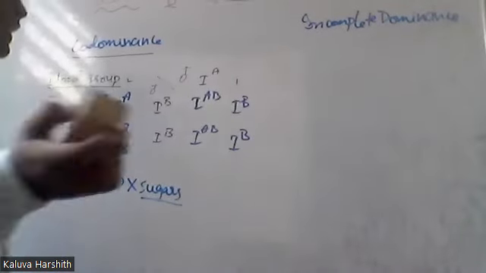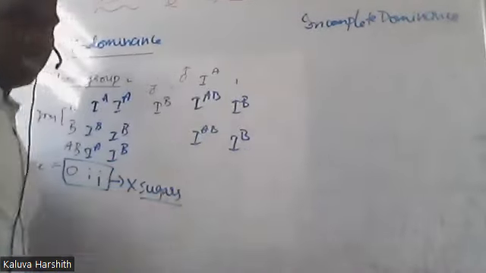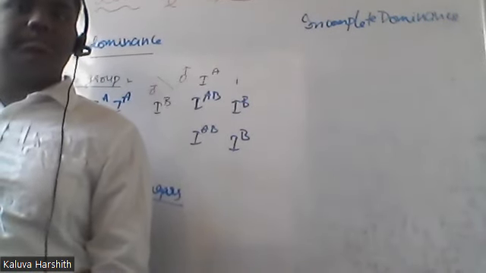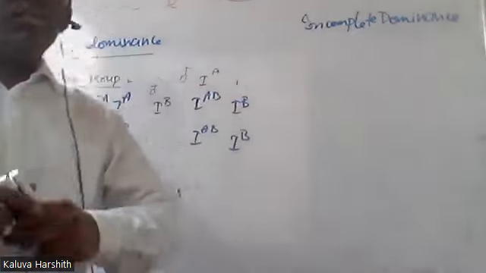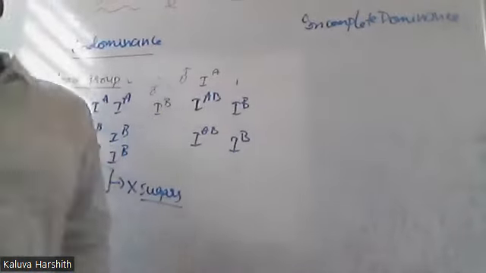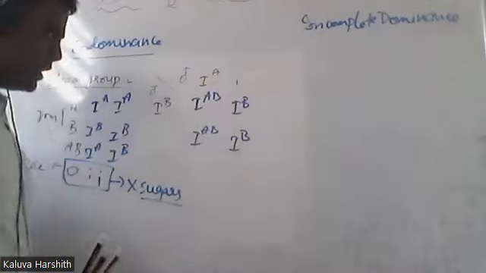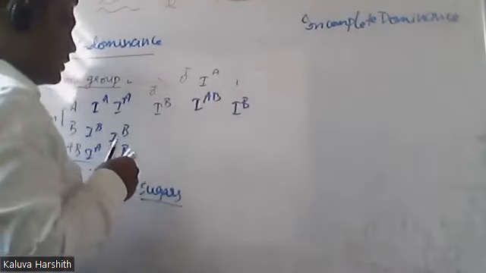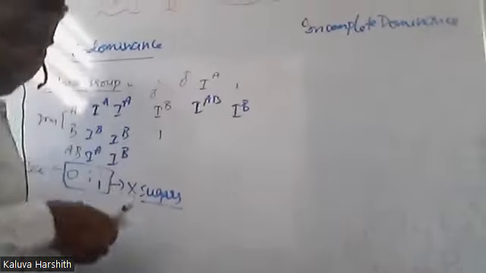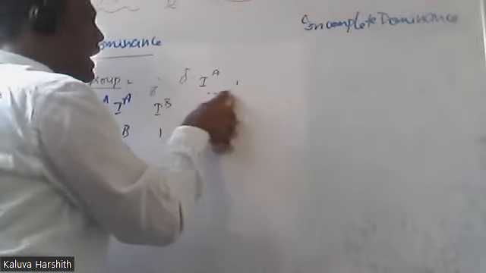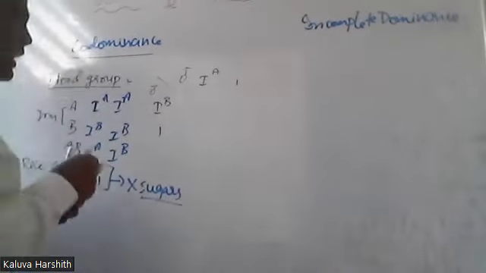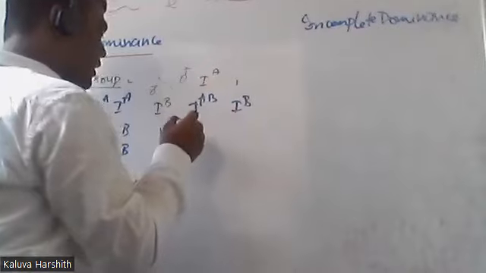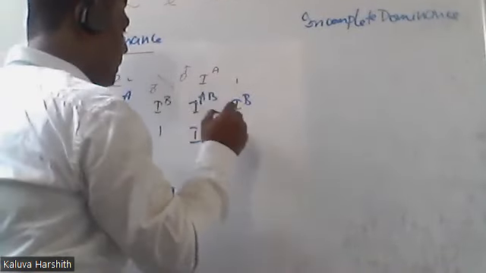Now, if I'm again changing this, if I'm taking small i, just i, and crossing again, I am getting here IAB, IB, IA, ii.